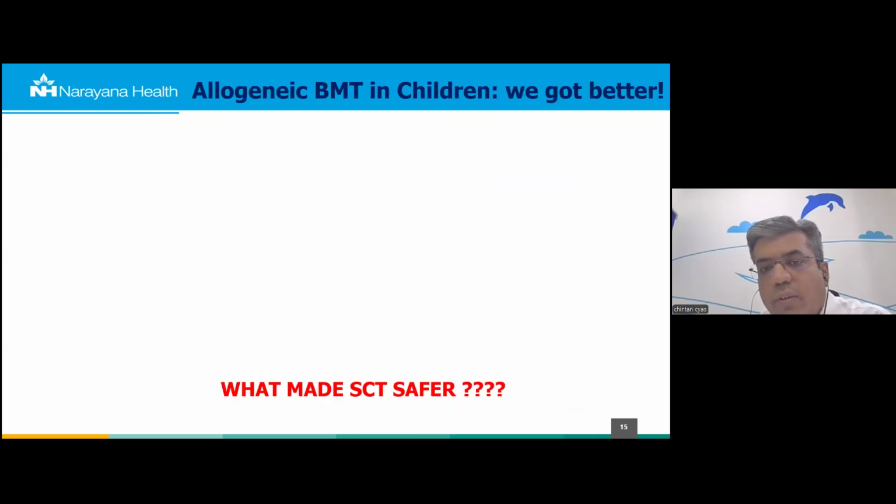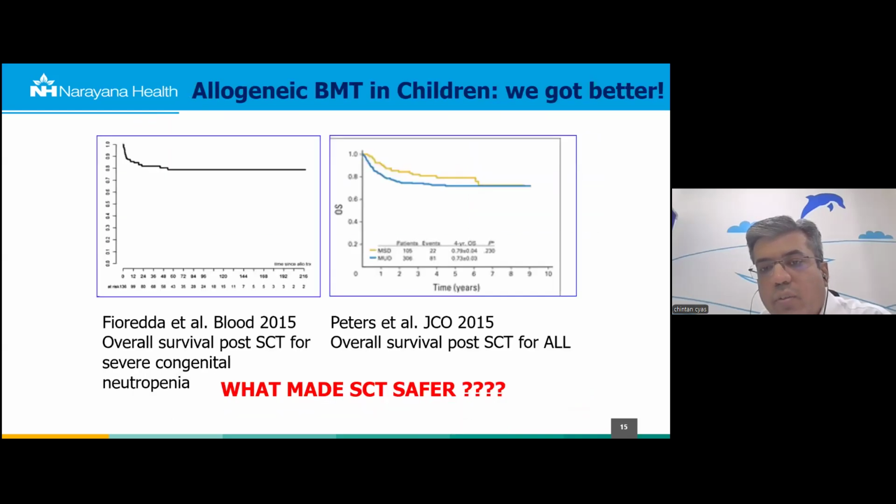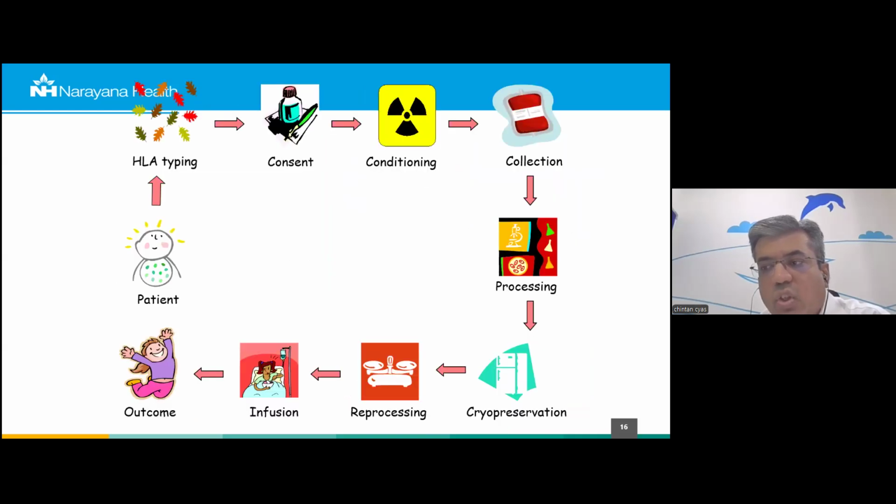Now, when we talk about a transplant, we know that the transplant is not a one-day job, it's a process. So how do we work out this process? We start with a basic test called HLA typing. Once we do the HLA typing, and once we find a suitable donor, whether it is a 100% match or 50% match, the second most important part is the consent. So we explain to the family and we take the consent.